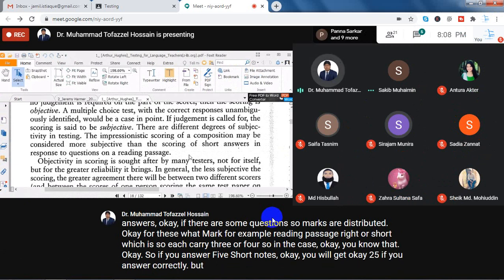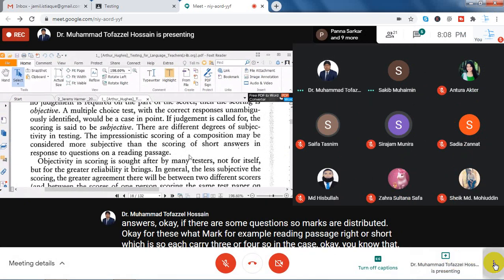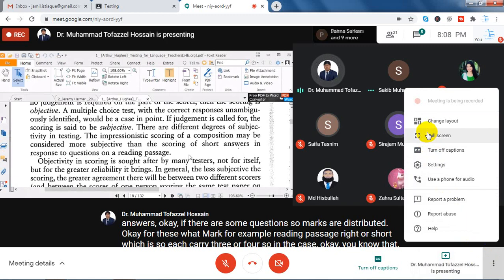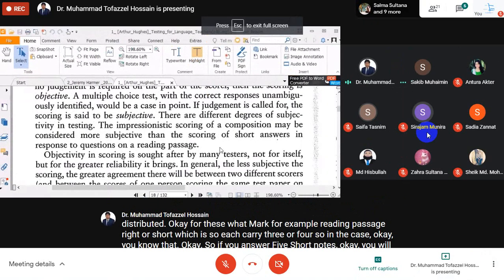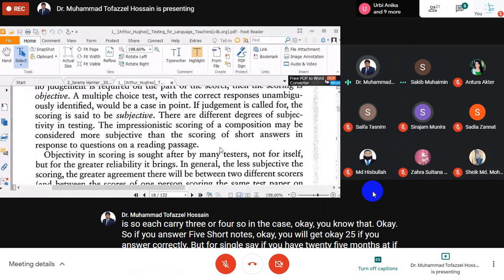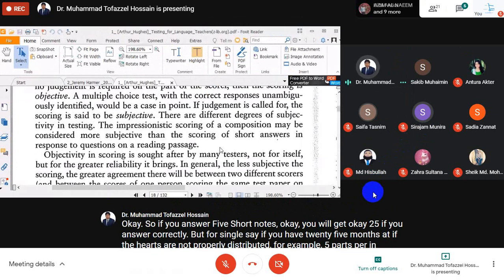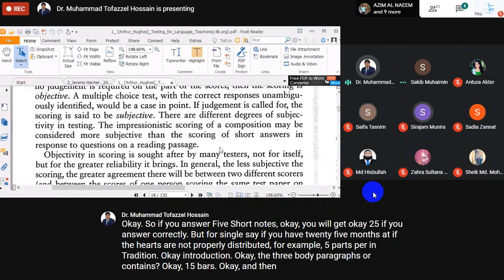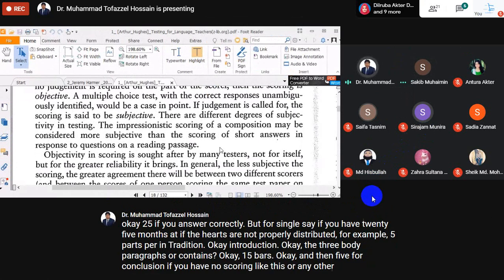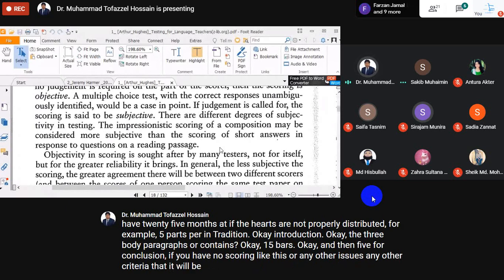But for a single essay, if you have 25 marks, and the marks are not properly distributed, for example, 5 marks for introduction, then 3 body paragraphs or contents, 15 marks, and then 5 for conclusion. If you have no scoring like this or any other criteria, then it will be really difficult to find out whether you have answered everything or what the scoring will be.